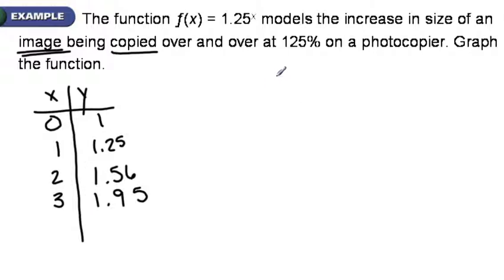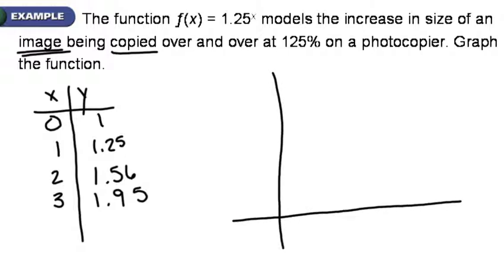All right, I'm going to go ahead and graph this. Now, my y values, the biggest I have is 1.95. The smallest I have is 1. So we can keep it relatively simple and not put the scale marks really close to each other.